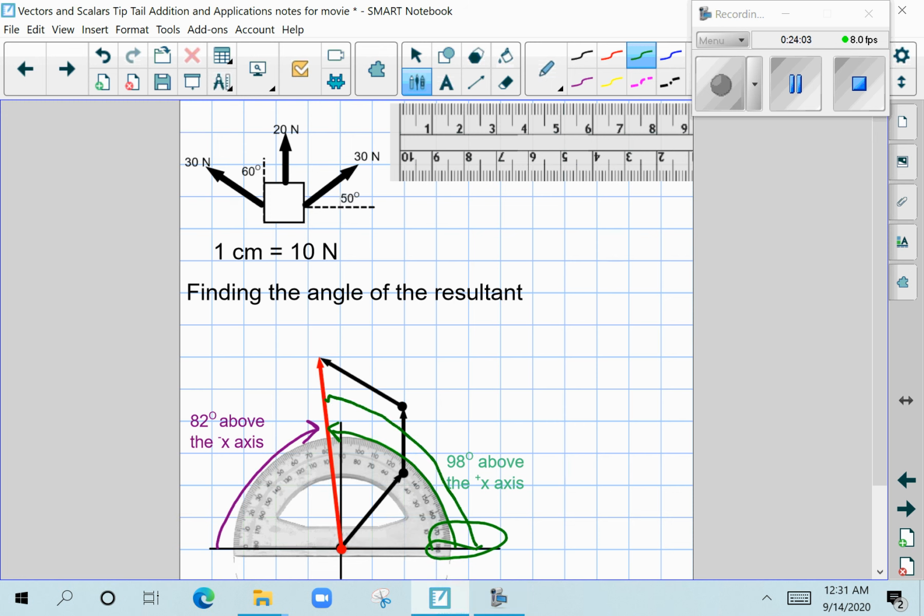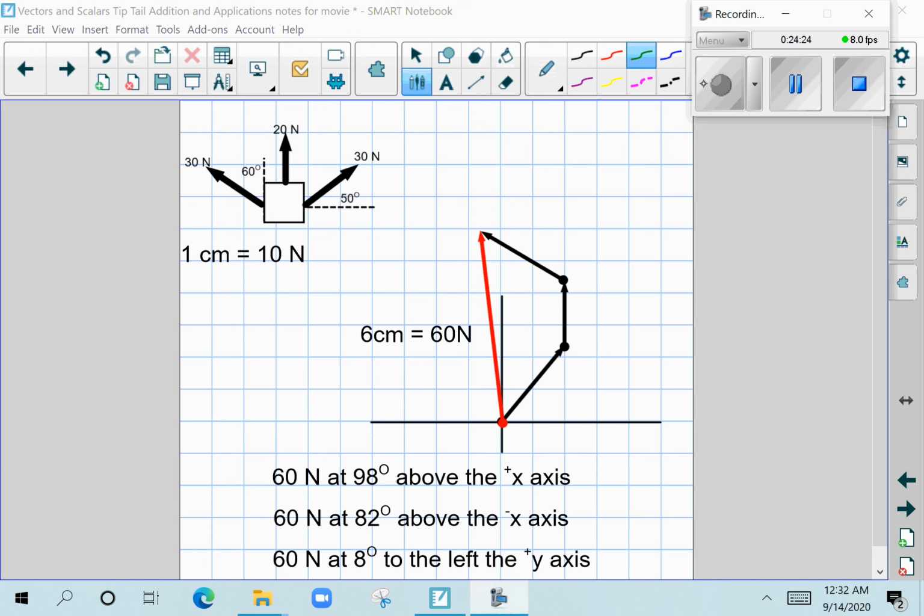So that's going to be 98 degrees above the positive x-axis. Or if I start referencing the negative x-axis, I see that's only 82 degrees. So 82 degrees above the negative x-axis. Both answers are correct. I just have to pick whichever one I'm most comfortable with.